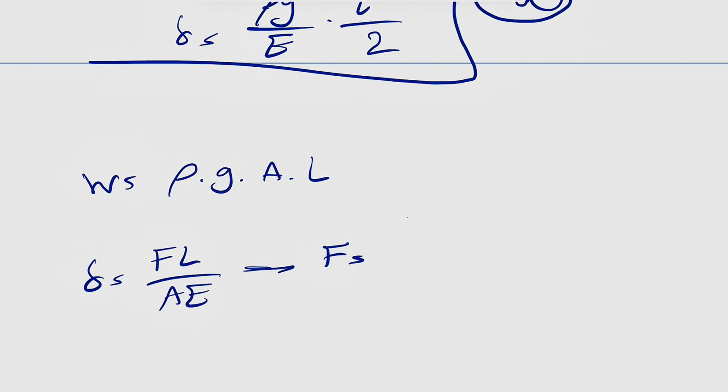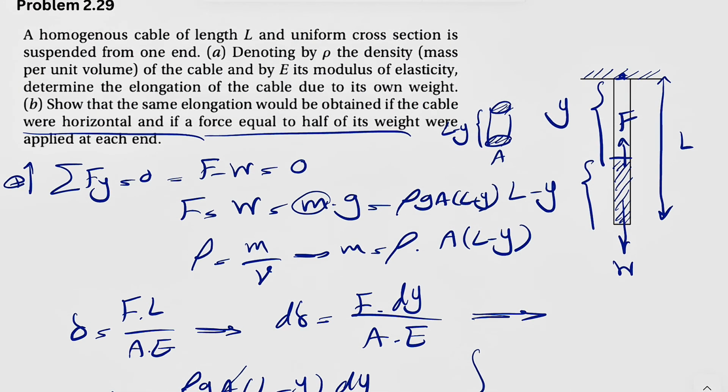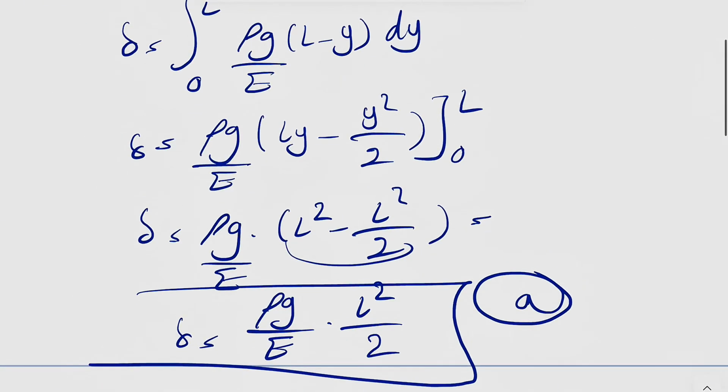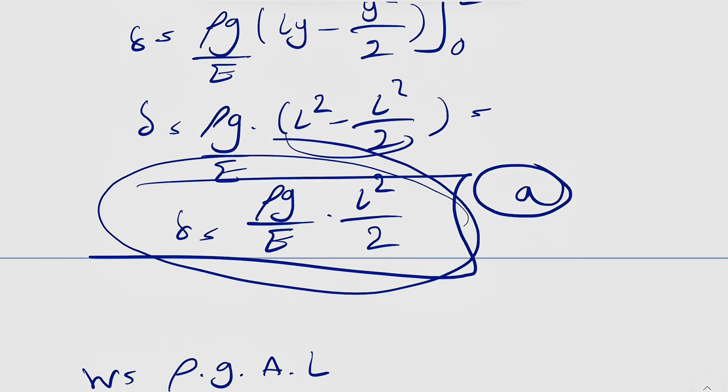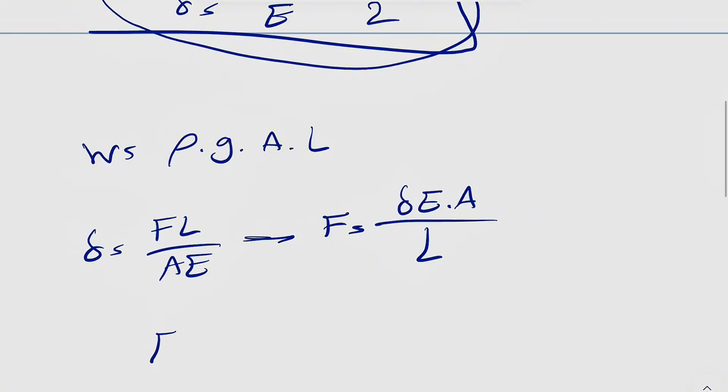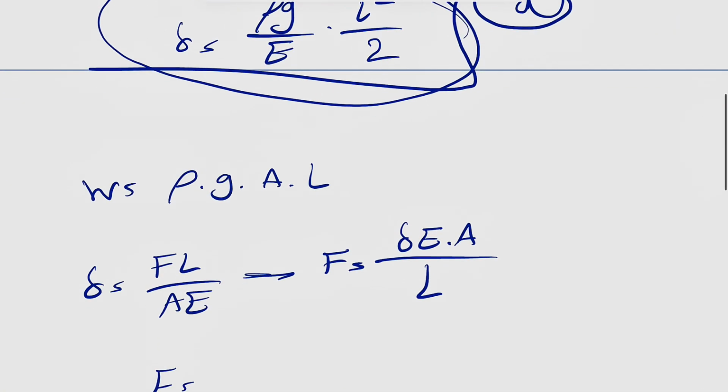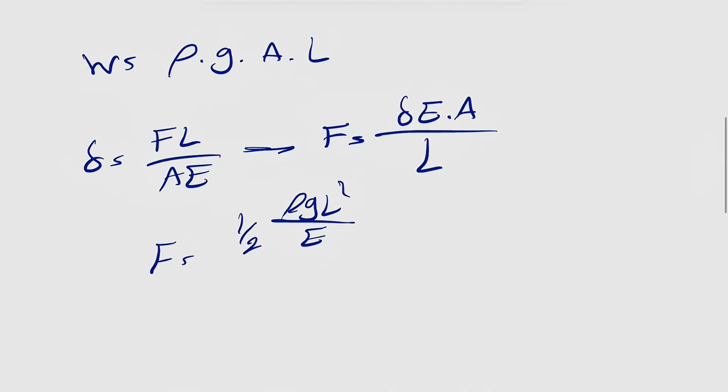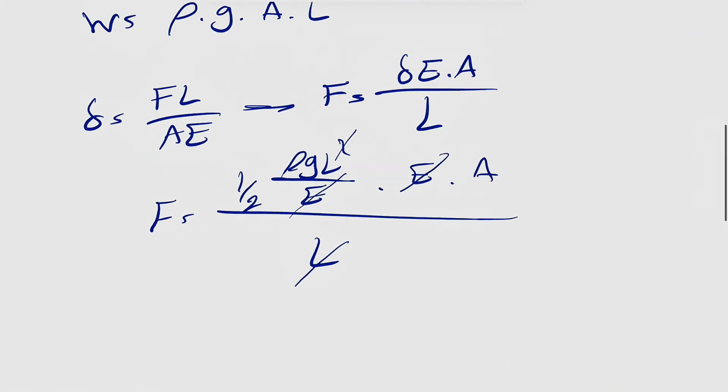So our F would be delta EA over L. The question is saying we have the same elongation as what we found in the previous part. So our F would be one half of rho g L squared over E times E times A over L. The elastic modulus will be canceled out, and we can cancel one of the L's too.